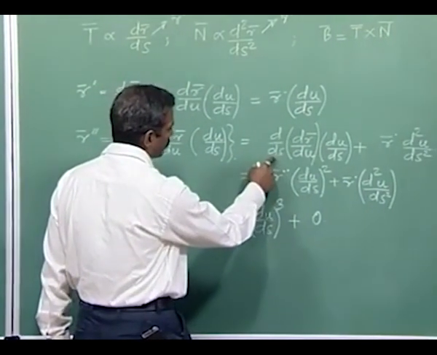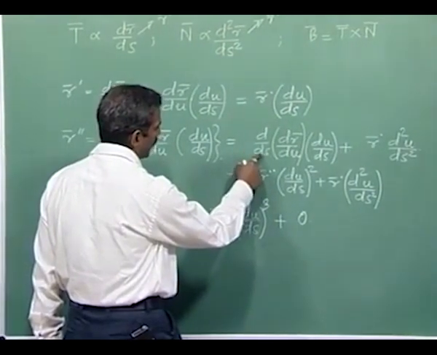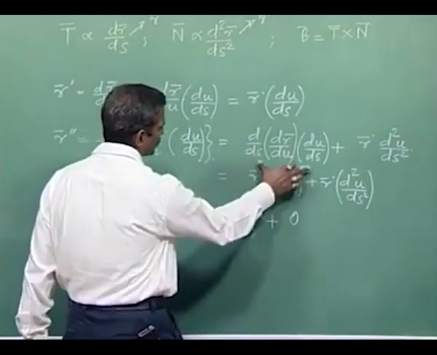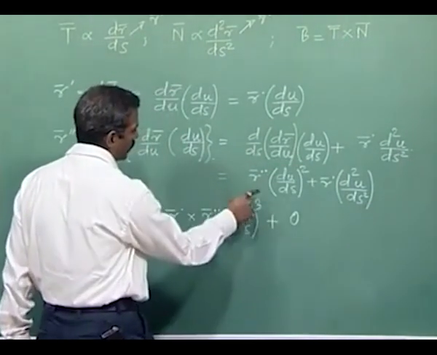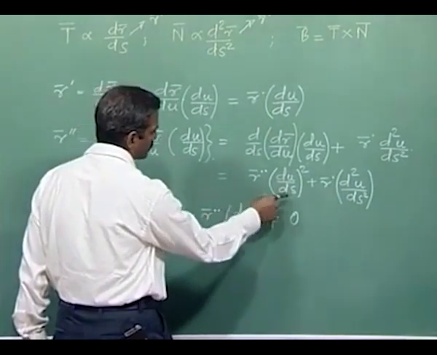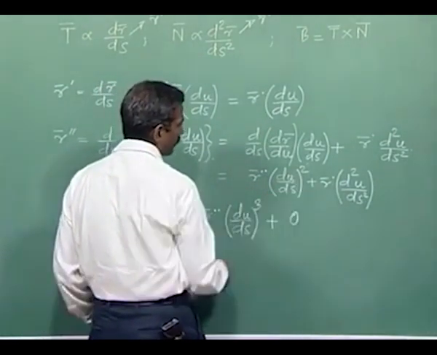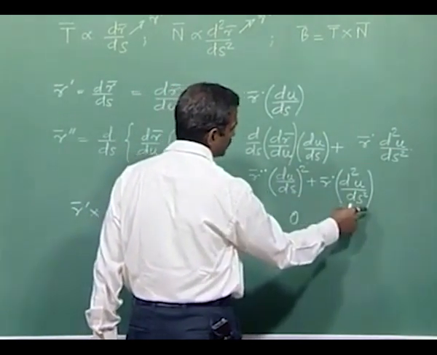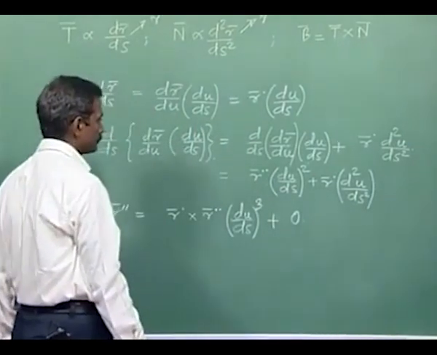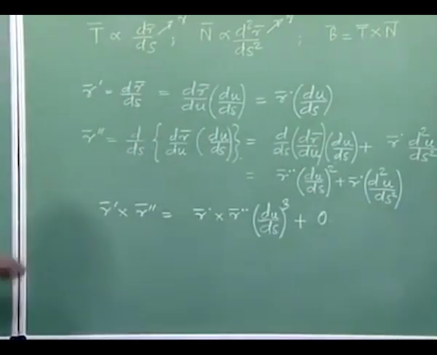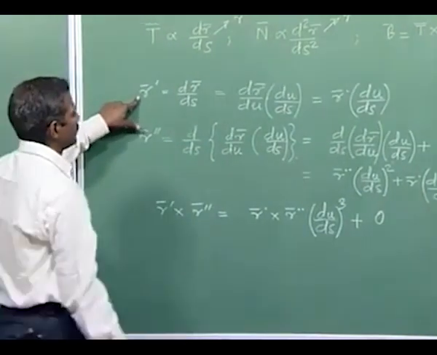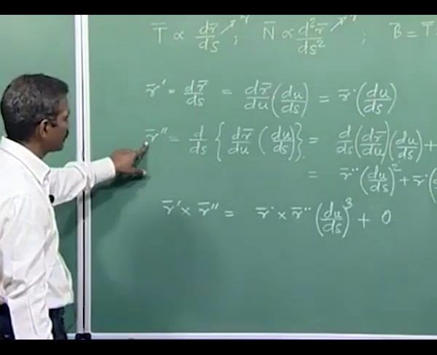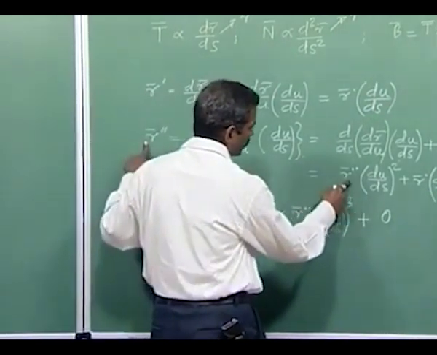I can use the chain rule again here, multiplying and dividing by du, so that this term becomes r double dot times du over ds the whole squared, plus r dot times d2u over ds squared. So now we have r prime in terms of r dot, this being a scalar, and also we have r double prime in terms of r double dot and r dot.